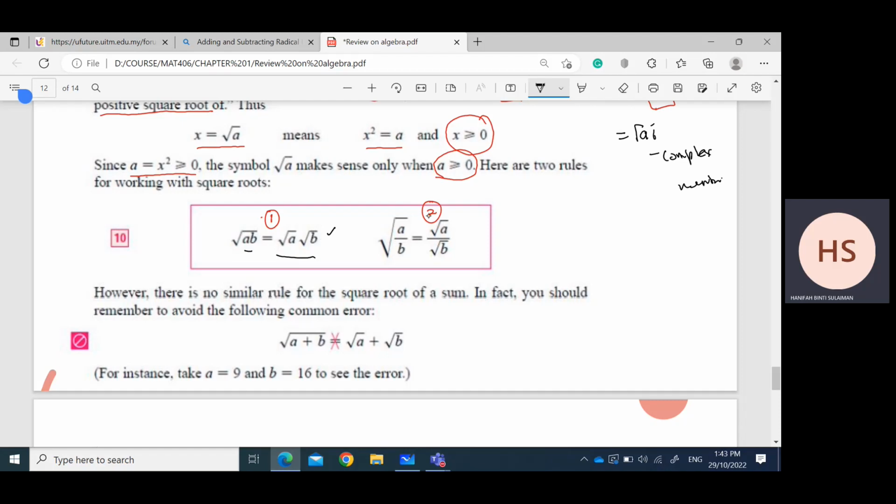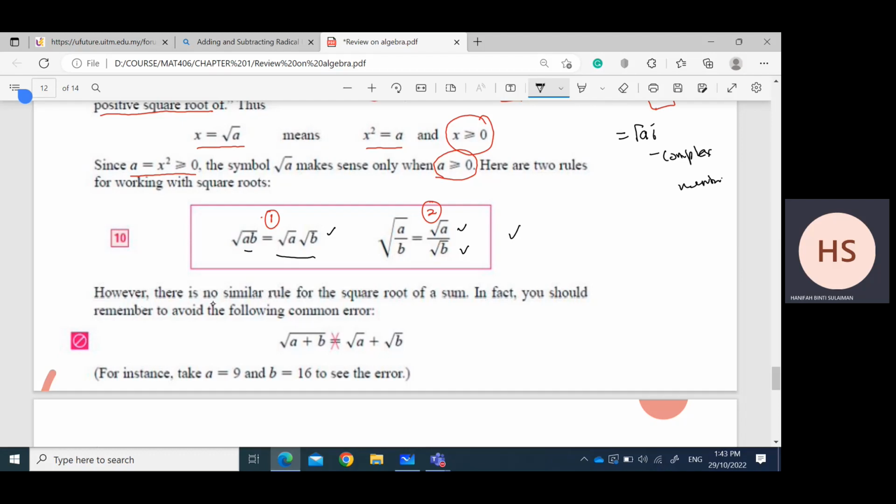For the second rule, we have a fraction under the radical, which is square root of A over B. It is equivalent to square root of A over square root of B. So ini sama juga macam rule yang pertama, di mana kita boleh pecahkan kedua-dua number, iaitu square root A and B. Dan dia akan jadi begini, which is square root of A over B is equivalent to square root of A over square root of B. Okay, so these are the two rules that we have to know.